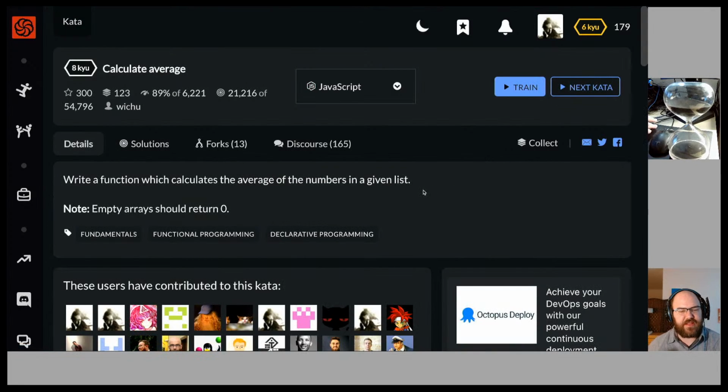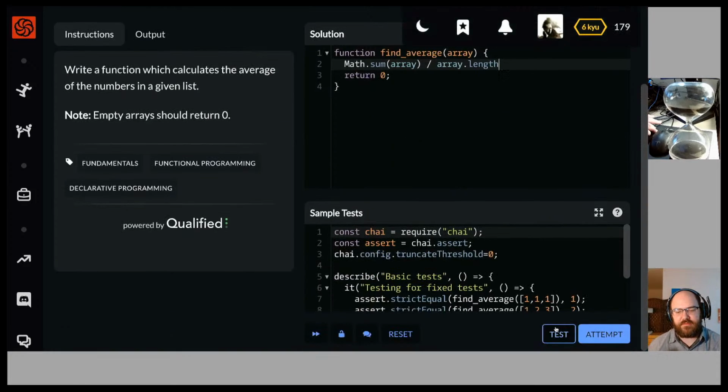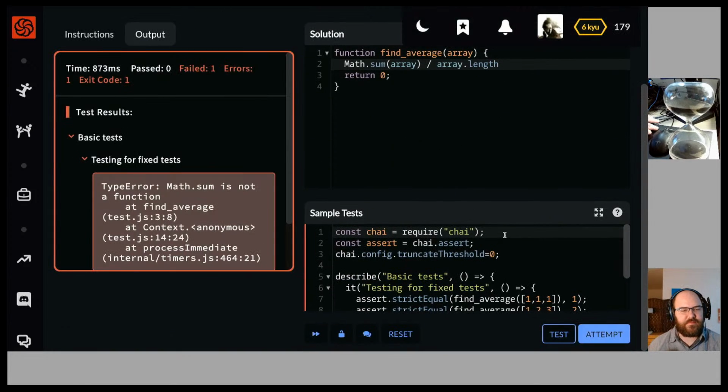Calculate average. Write a function which calculates the average of the numbers in a given list. Gonna do this real simple. Math dot sum of array divided by array dot length. Boom, that should do it. Math.sum is not a function.